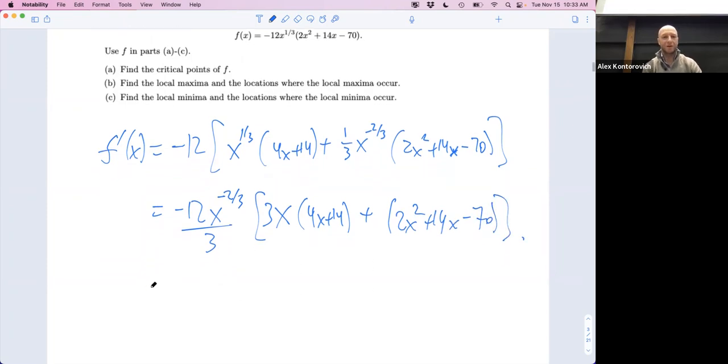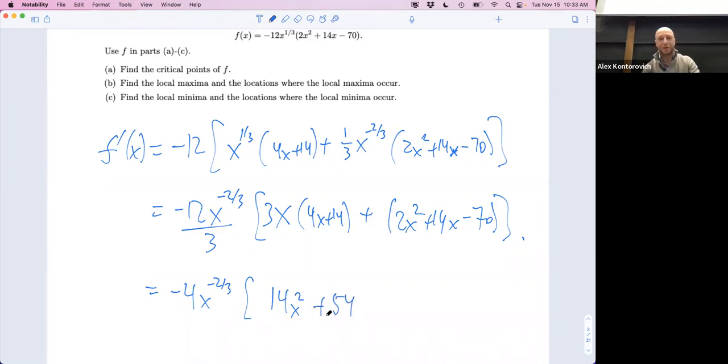Okay, so far so good. 12 over 3, even I can do that. And I get a 12x squared plus 2x squared, 14x squared. I get 14 times 3x and one more 14x. So that's 14 times 4, 28, 54.